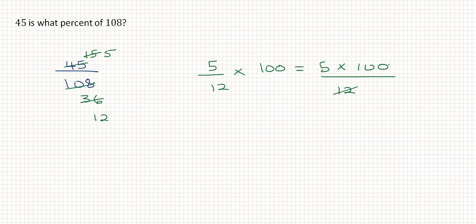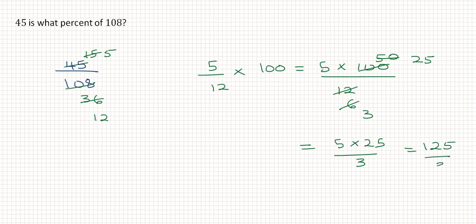We can divide by 2 here. We have 6. We have 50. We divide by 2 here. We have 3. We have 25. So this is going to be 5 multiplied by 25 over 3, which is 125 over 3.